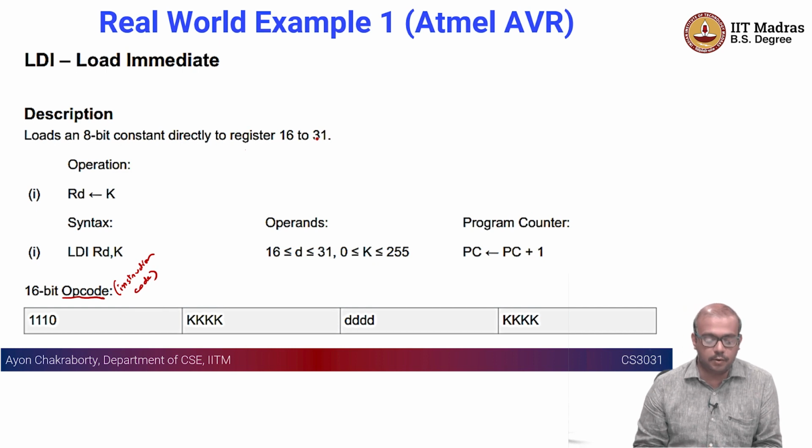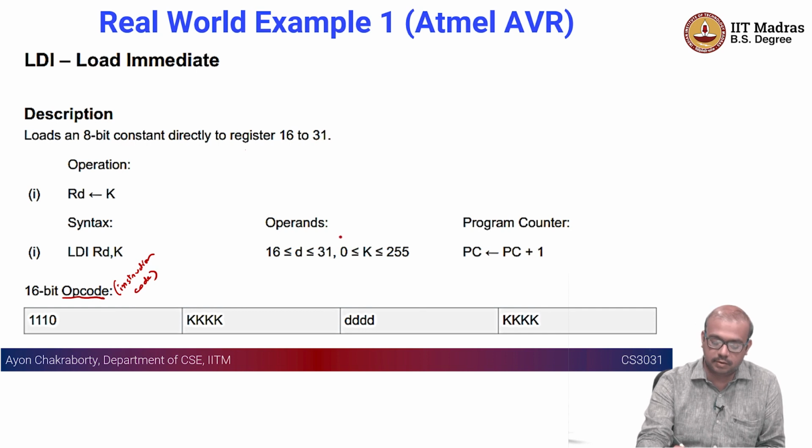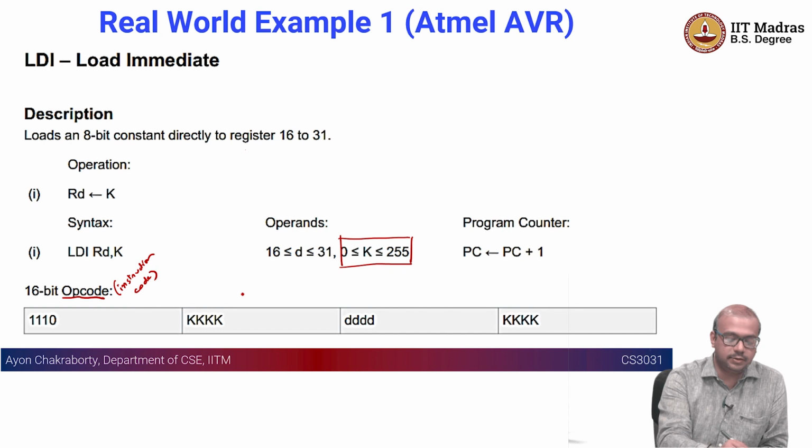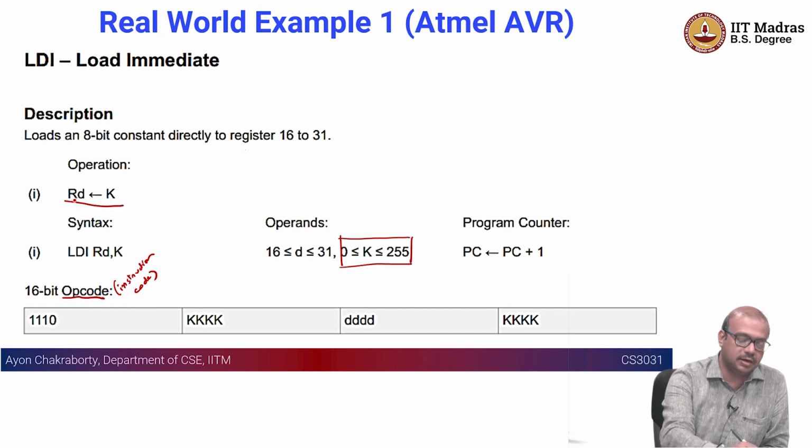Okay, so the load immediate is going to use how many bits? Let us see. You are going to initialize the register with an 8-bit constant, so that value can be only from 0 to 255. So 8 bits for the operand, right? And as you can see, the instruction operation is this.